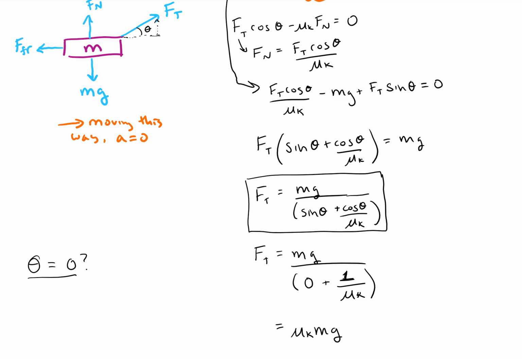And again, in this theta equals 0 situation, everything is much simpler. The normal force is just equal to mg, and so you'd get mu k times the normal force. And that's exactly what you expect.